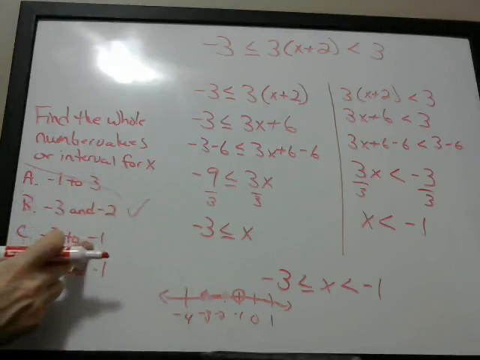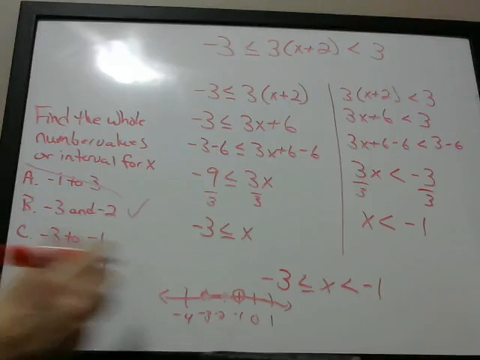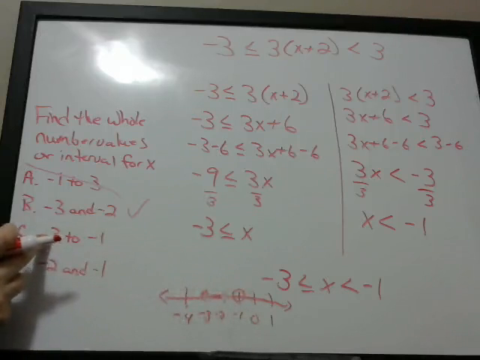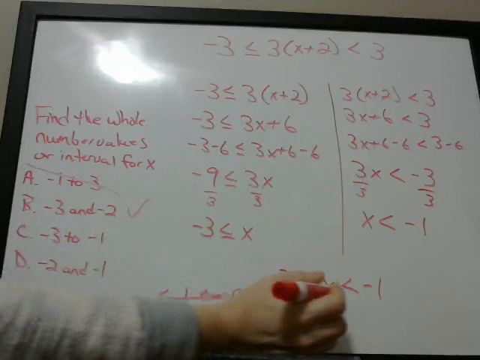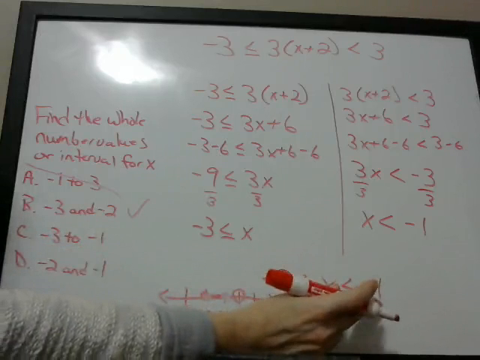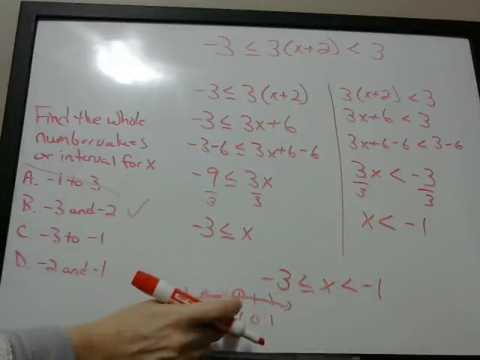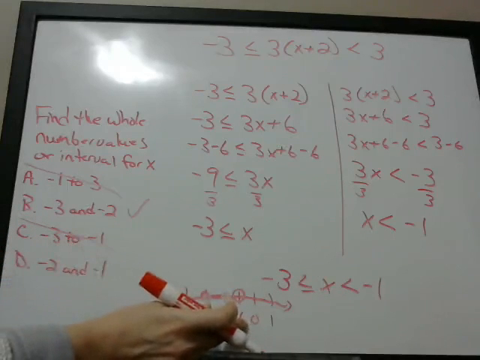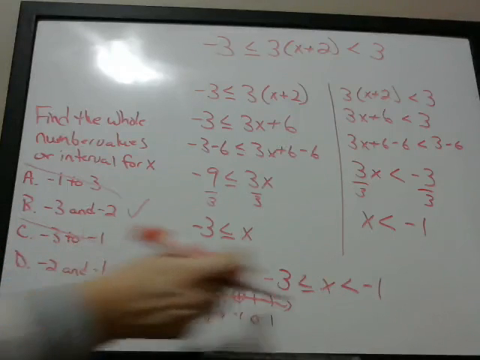Negative 3 to negative 1, that means it's the interval negative 3 to negative 1. But because it can't equal negative 1, this is a less than negative 1. It can't equal negative 1. This is not a right answer either, because this is saying that it can equal negative 3 and it can equal negative 1, and it can't.